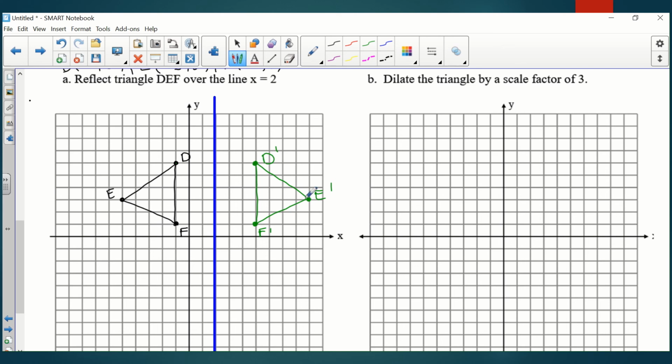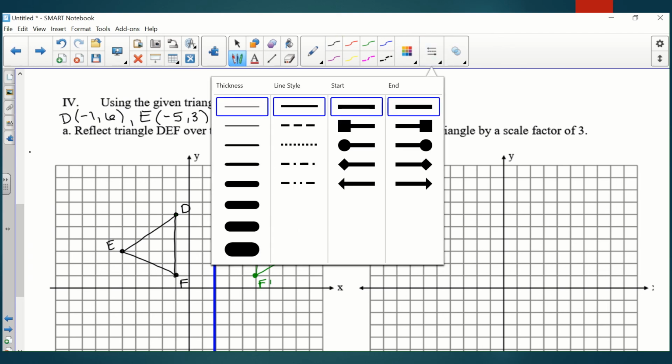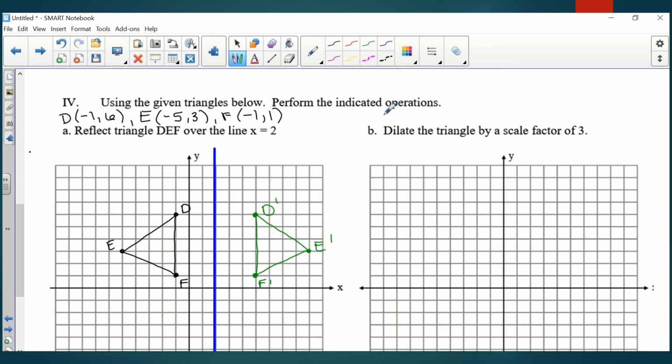Okay. Last but not least, we're going to take a different triangle this time. So we're going to use point G, which is located at 0, 2. Point H, which is located at 3, negative 1. And point I, which is at negative 1, negative 1.